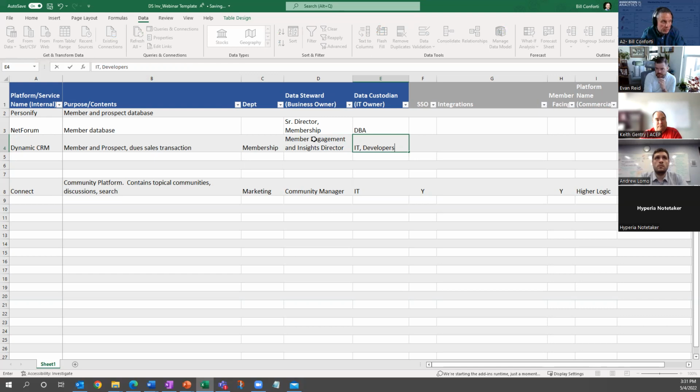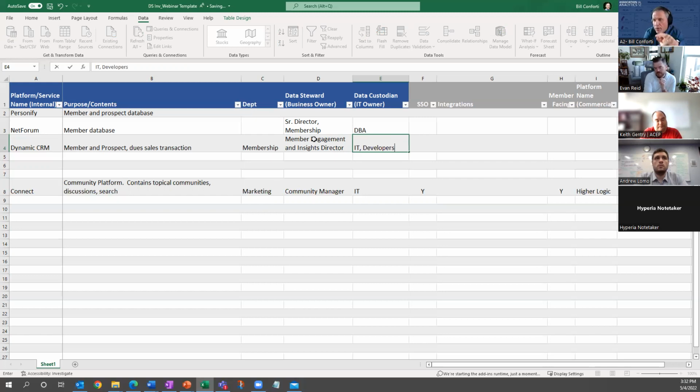In most associations, you would expect it to just be the director or the vice president of membership or something like that, not necessarily an analytics focused position with the business ownership of the AMS. I think that's kind of interesting. Yeah, and it's kind of a joint effort. I work really close with the VP of membership.